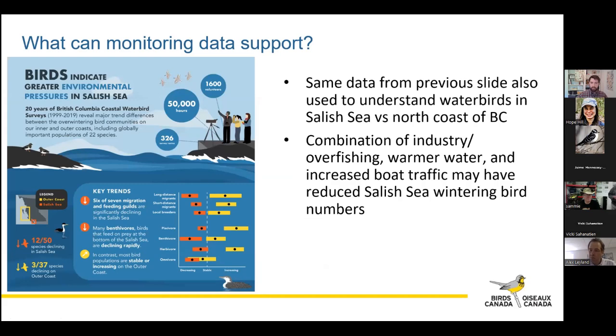And some of the same data from that slide was also used to understand waterbird populations more generally in the Salish Sea versus the northern coast of British Columbia.